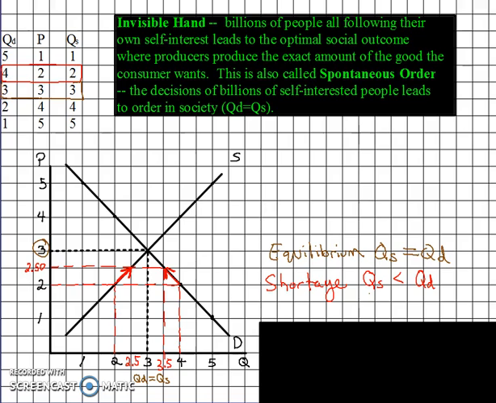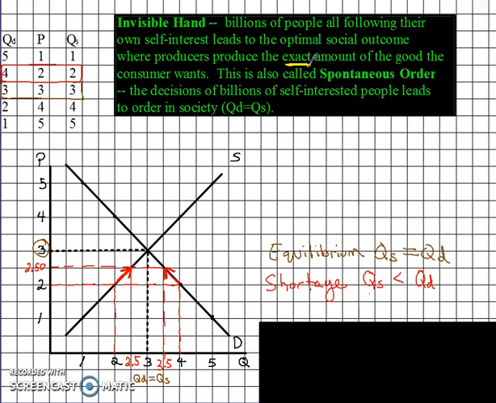This process is called the invisible hand. That's what Adam Smith called this back in 1776. The invisible hand. Billions and billions of people all following their own self-interest leads to the optimal social outcome where producers produce the exact amount of the good that the consumer wants.